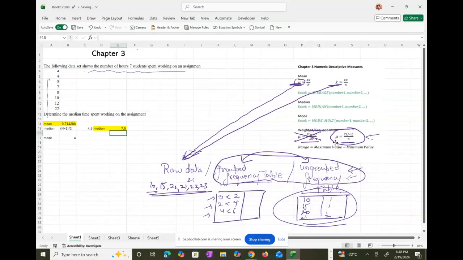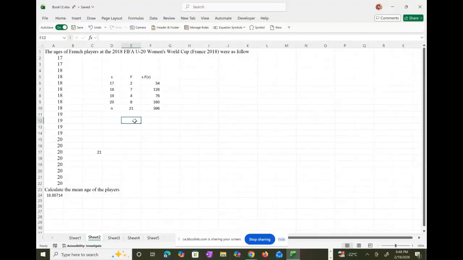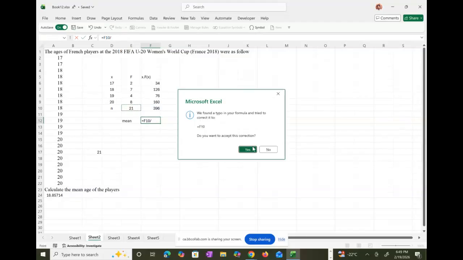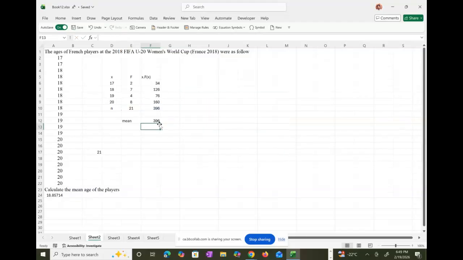This is the formula. You can note it down in your notebook also so that you can match your work. So mean is equal to this divided by this value. 18.857, exactly the same.